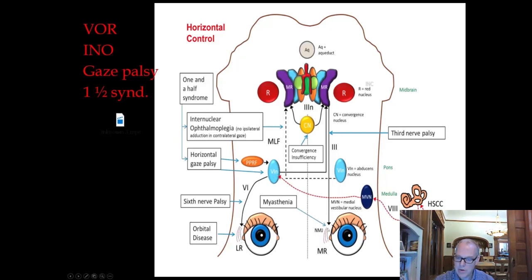Okay, but for this to coordinate with the left eye medial rectus, this is where we need our medial longitudinal fasciculus here. And the medial longitudinal fasciculus, you want to associate that with connecting PPRF 6 with the opposite medial rectus muscle. All right, and so now both our medial and lateral rectus muscles are working together. Okay, and so that's our vestibulo-ocular reflex.